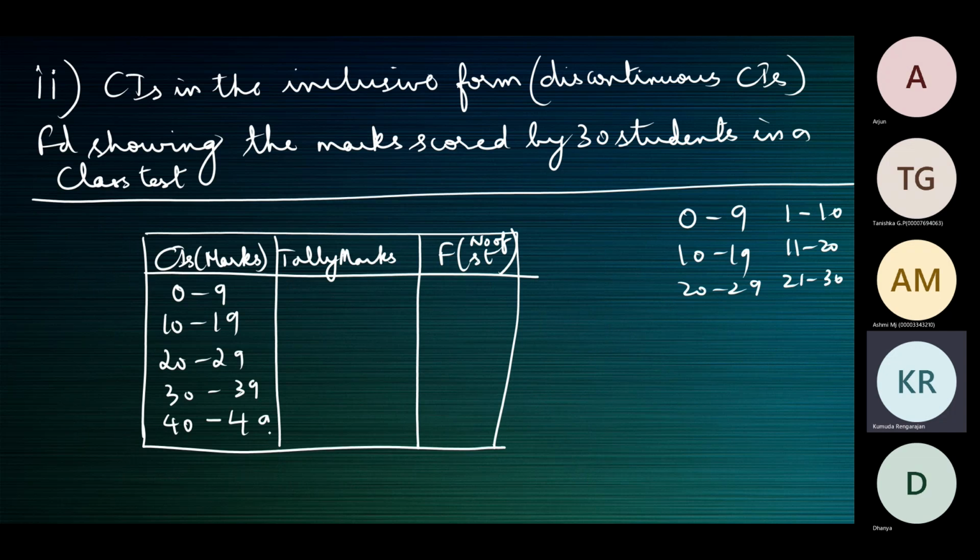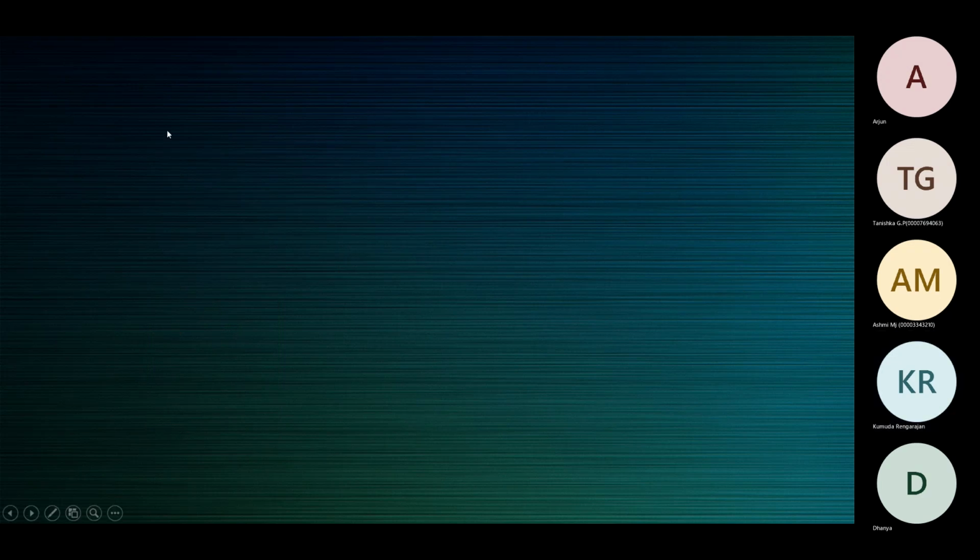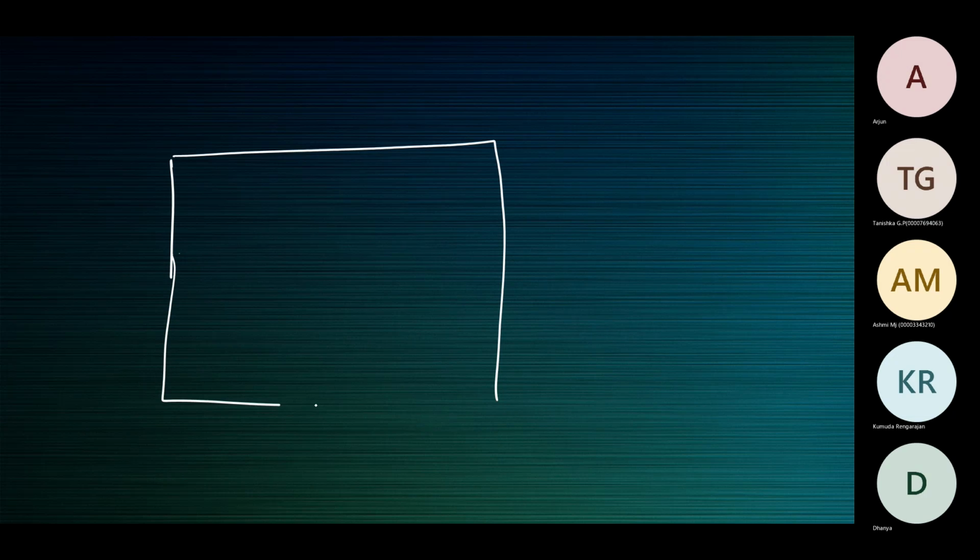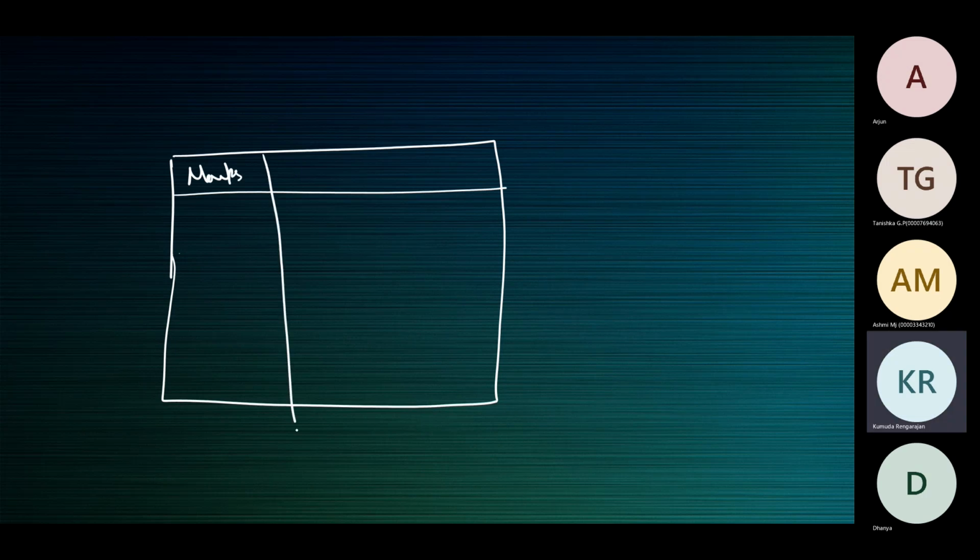So you can do 0 to 9, 10 to 19, 20 to 29, 30 to 39, 40 to 49. You can write the heading like this also: marks, tally marks, and number of students.